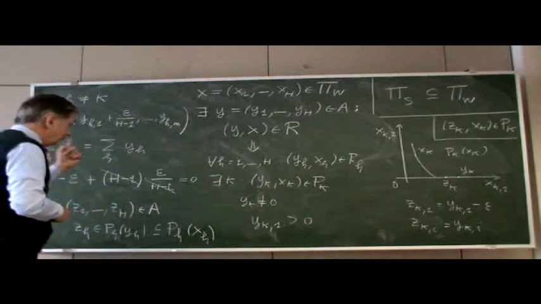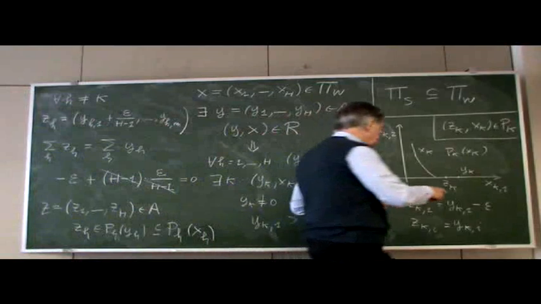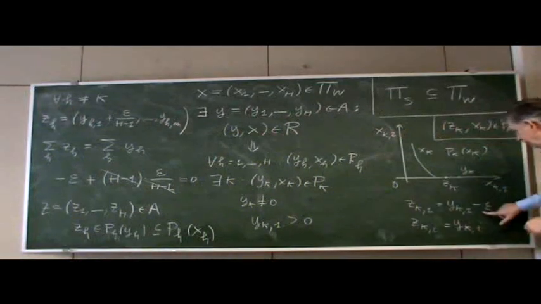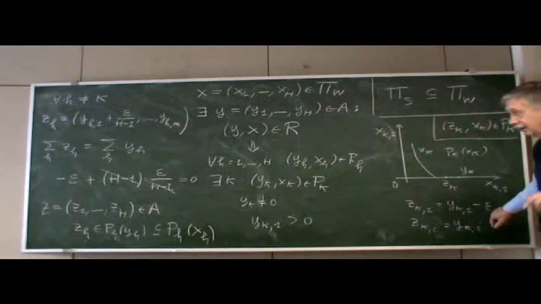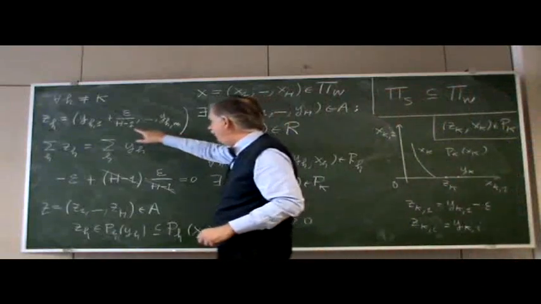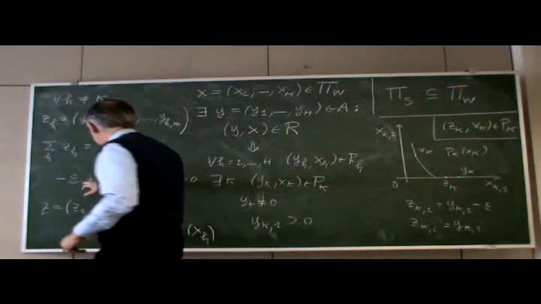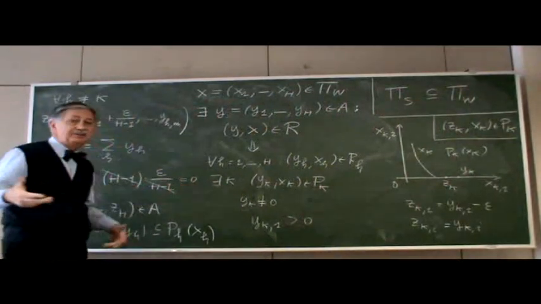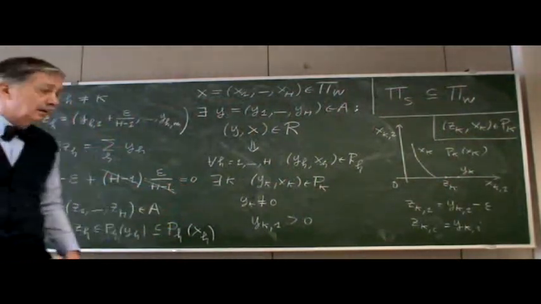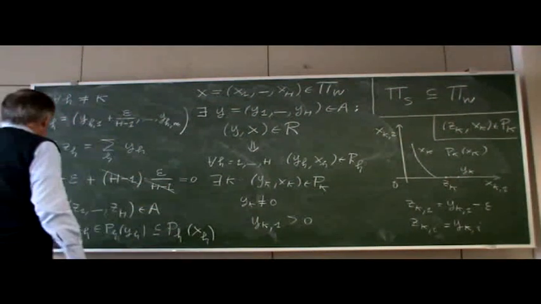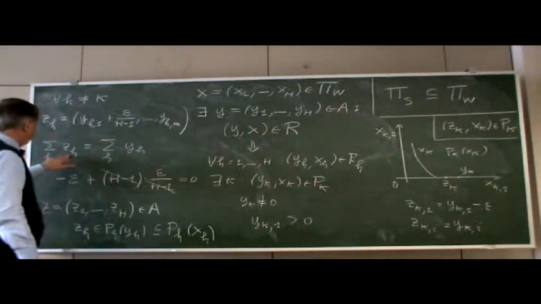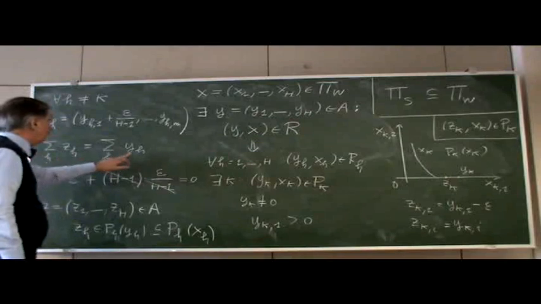Moreover, since you are reducing the quantity of good 1 for the subject k by epsilon, and you are adding to every other subject this quantity of the same good 1, the total variation in good 1 is 0. Clear? So, substantially, the sum of these vectors zh is equal to the sum of yh.